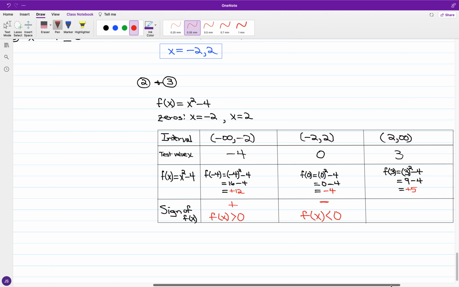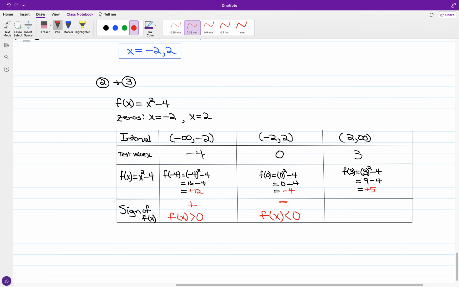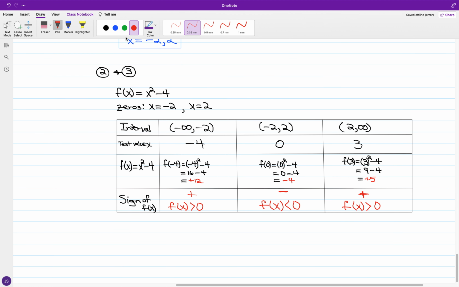Then anything we choose for x that is higher than 2, 3 being an instance, the output, your y value, is going to be positive, like positive 5. And so we have f of x greater than 0.